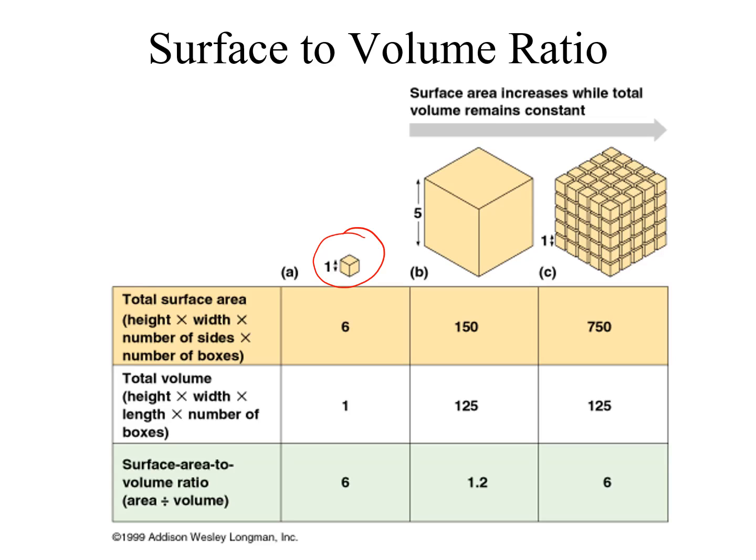You can see 3 of them, and then there's 1 at the bottom and then 2 behind. So it has 6 faces total. So 1 square centimeter of surface area for a face times 6 faces gives you 6 square centimeters of surface area. Now, that is a measure of how fast materials can pass in or out of the cell.